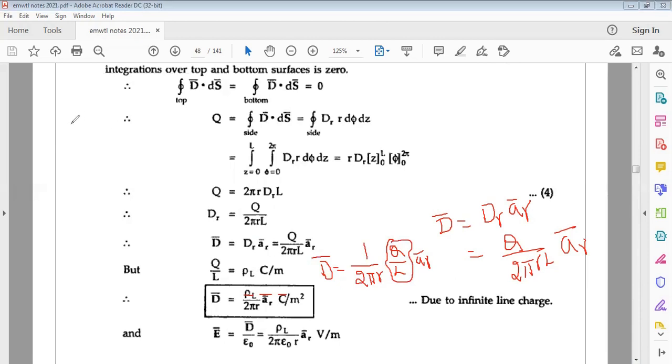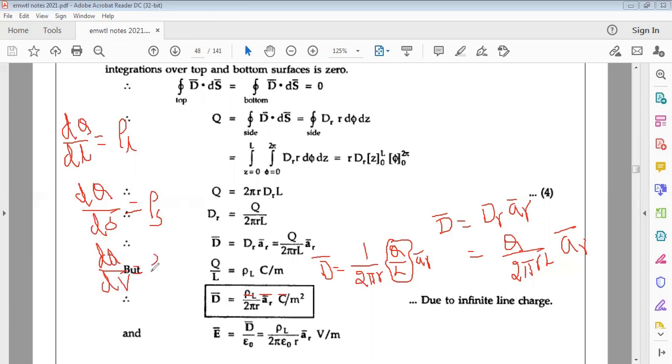We know the change of charge with respect to length is ρL: dQ by dL is equal to ρL, dQ by dS is equal to ρS, and dQ by dV is equal to ρV. These are formulas we know.